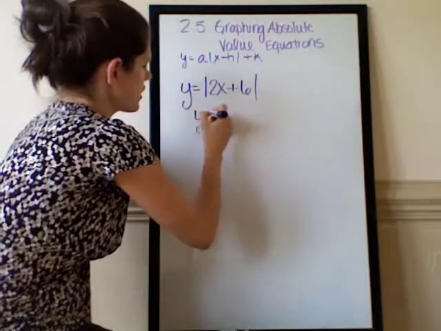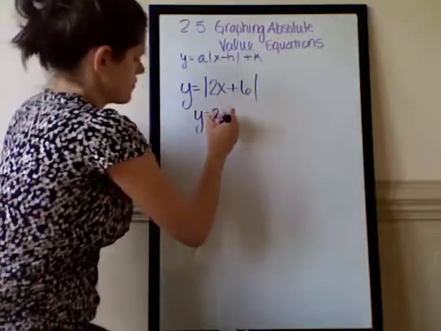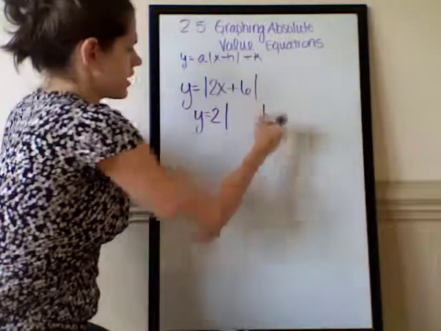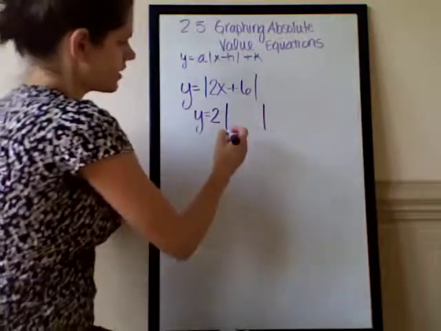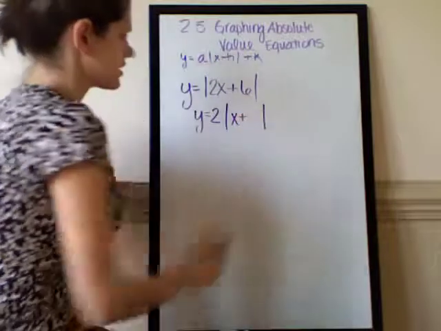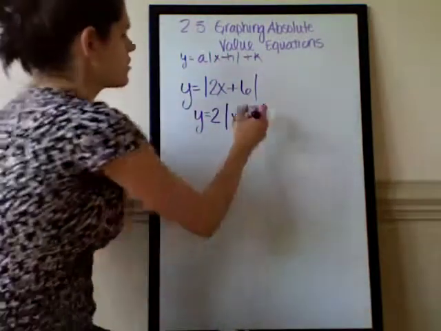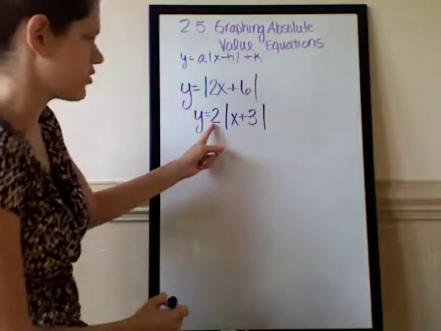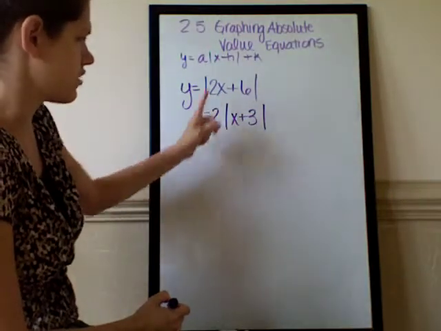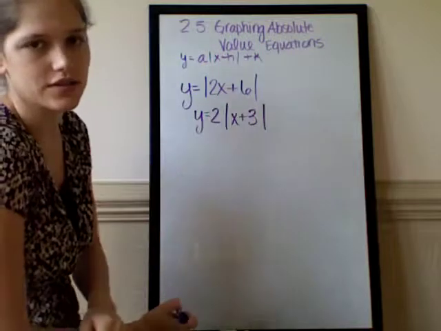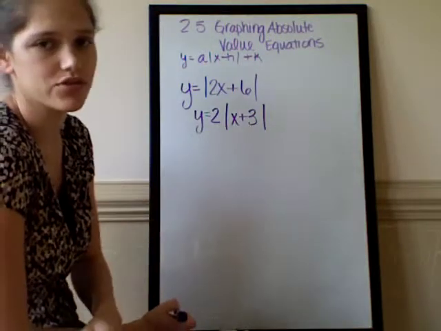So if I pull that 2 out front, inside my absolute value, I now just have an x plus, think about if I pull out the 2, you're factoring it out, so that's 3. Because if I put this back in, 2 times x is 2x, 2 times 3 is 6. So now I've got a graph that I'm used to seeing.